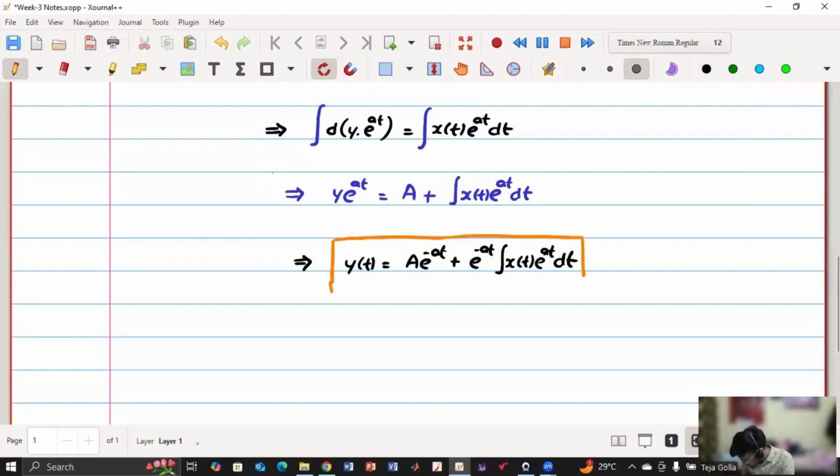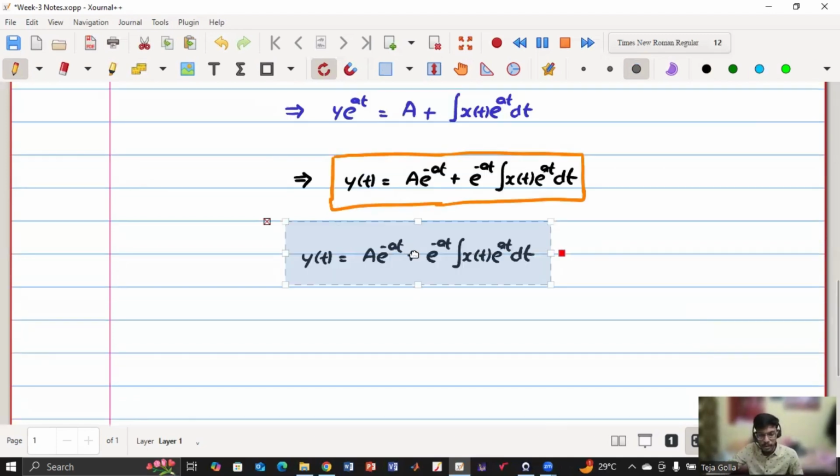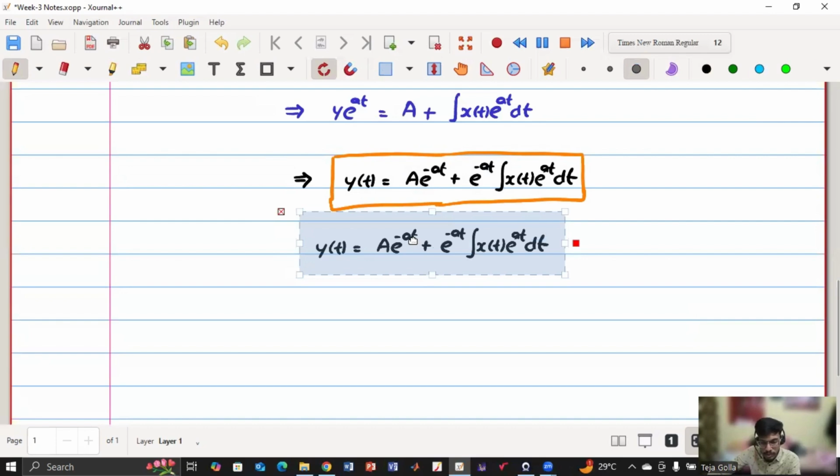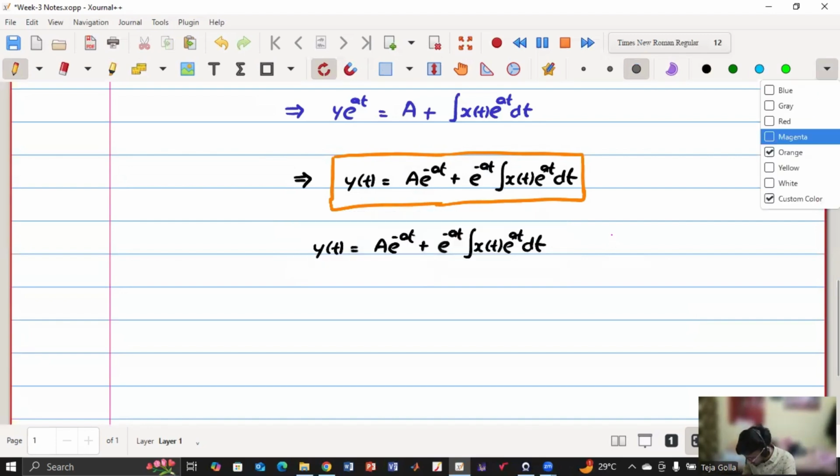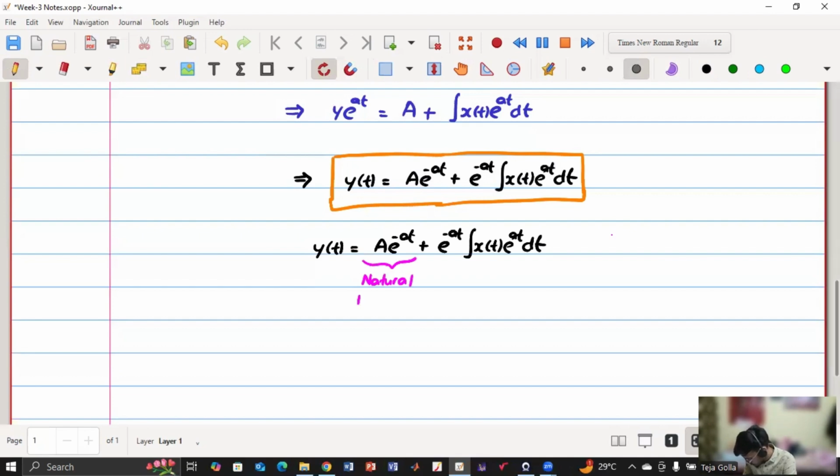But before we generalize, we have to understand two things. One, we have two terms here, right? This term is called the natural response. And this term is called the forced response.